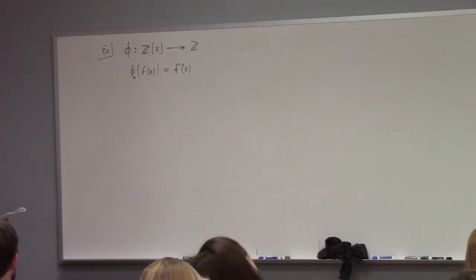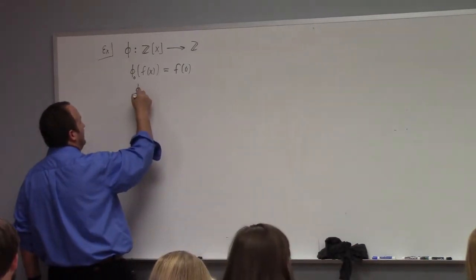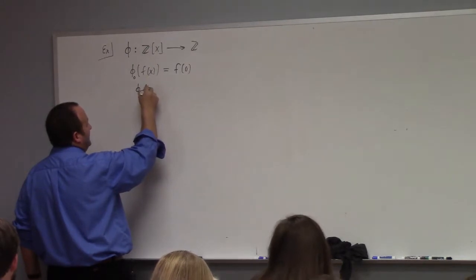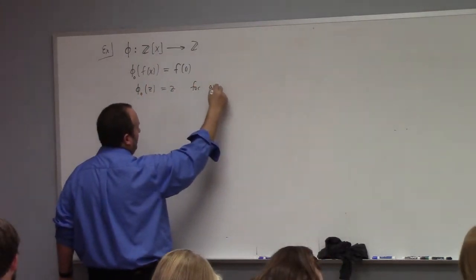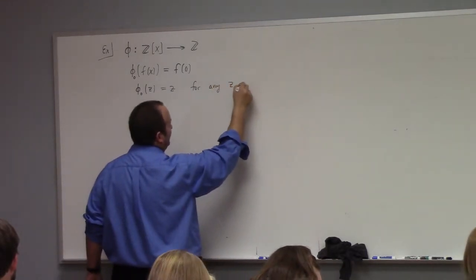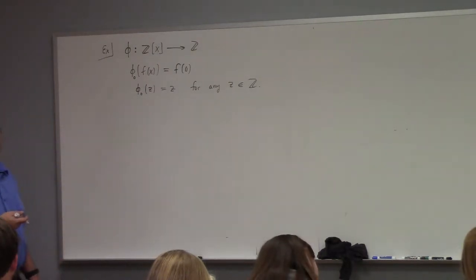Is it surjective? Here we go, phi 0 of z is equal to z for any integer z. Definitely surjective. Kind of silly.